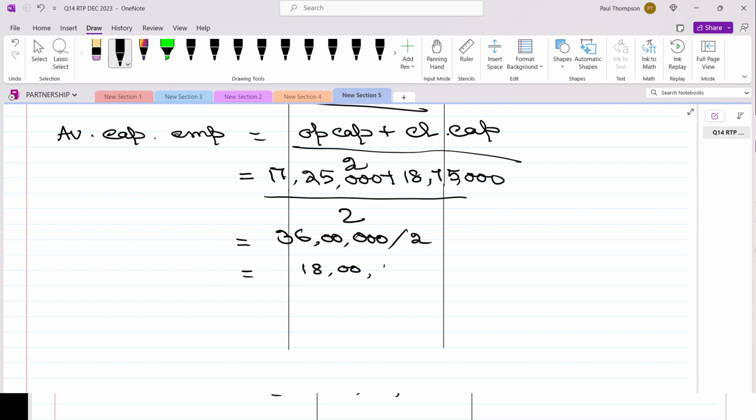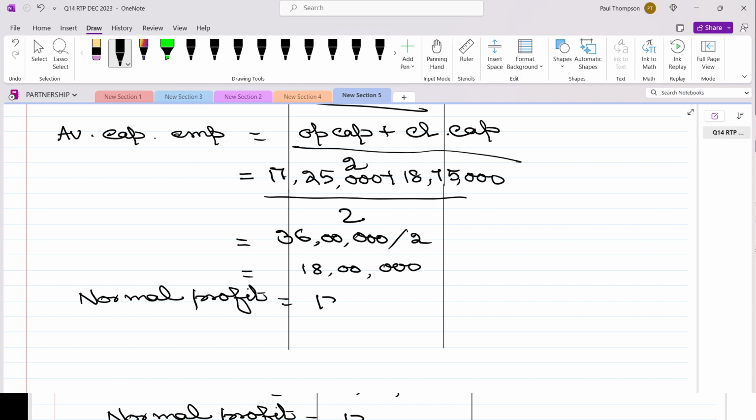Now we know the formula to find out the normal profit. Normal profit is equal to average capital employed into normal rate of return. So 18 lakh into 30%, the normal rate of return, divided by 100. What comes here? 5 lakh 40,000.